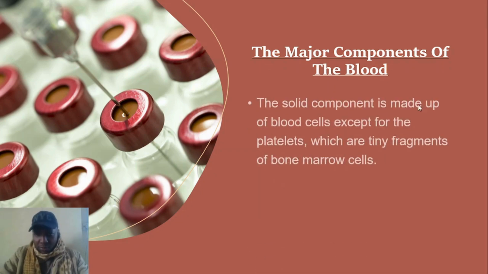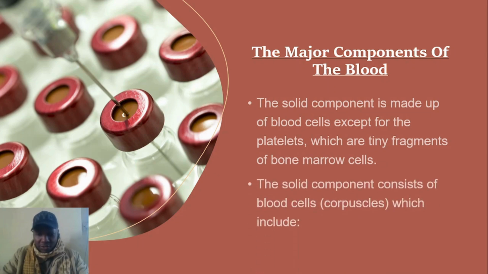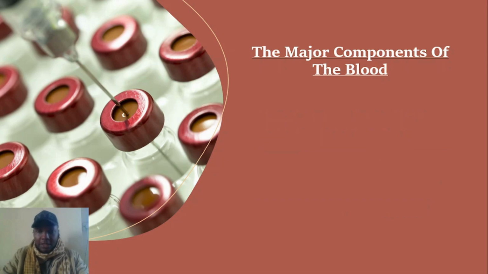Now, the solid component is made up of the blood cells, except for the platelets, which are tiny fragments of bone marrow cells. The solid component includes the main blood cells as follows.